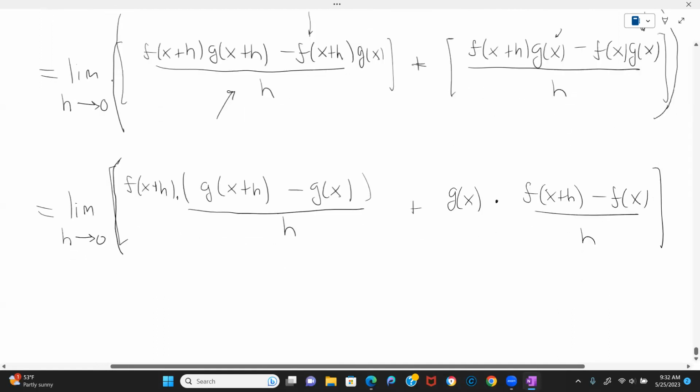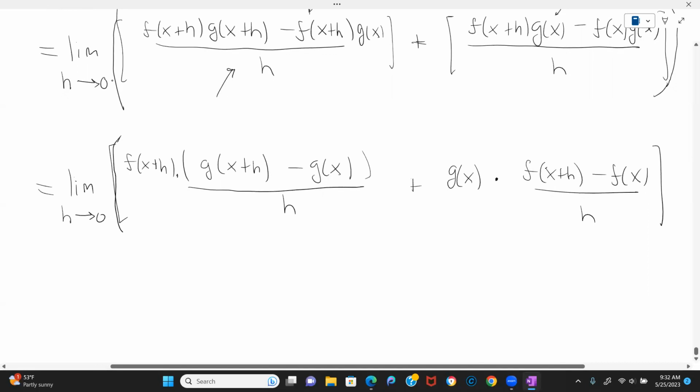Now, at this point I can take the limit of this sum because the individual limits all exist. F is a continuous function, and this difference quotient represents the derivative of g, which exists because g is differentiable.